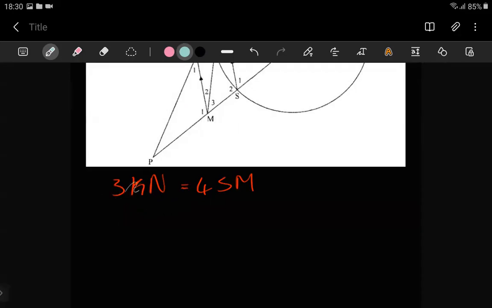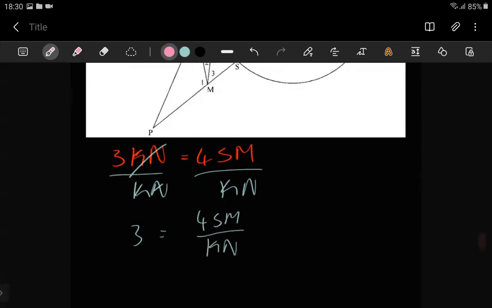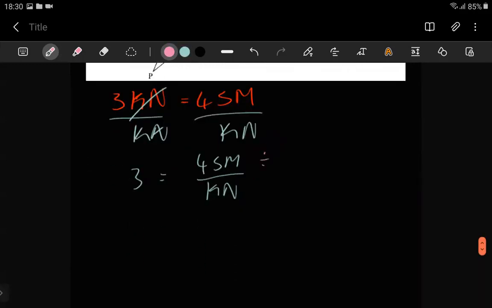So here you can divide both sides by KN, and then you'll have 3 here, 4SM over KN. And then the numbers you want on their own, so here you can divide by 4, divide by 4. The 4 is going to cancel, and then here you have SM over KN. So now you know that this is just 3/4.